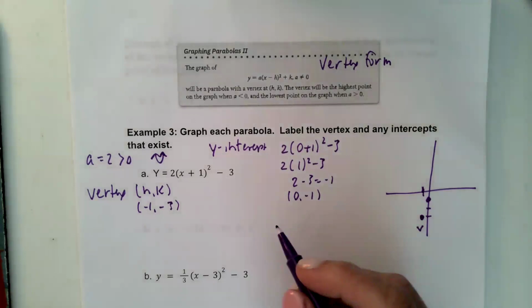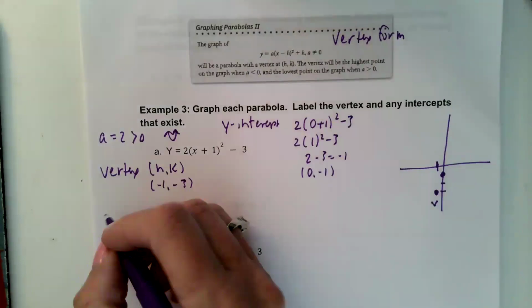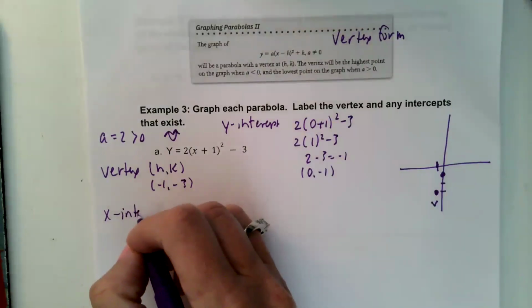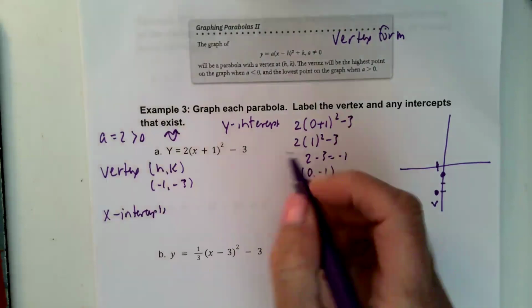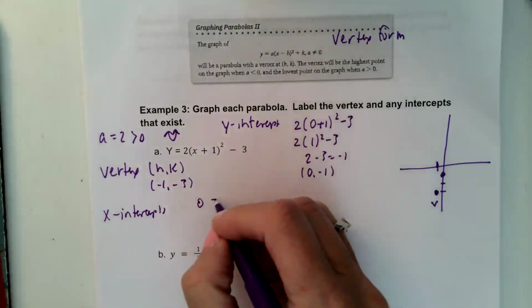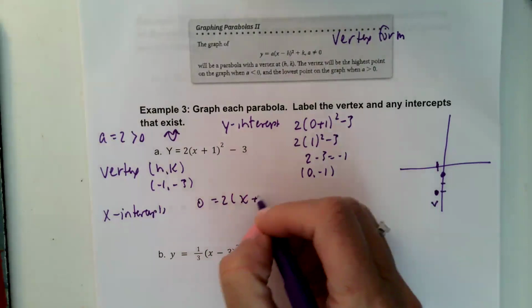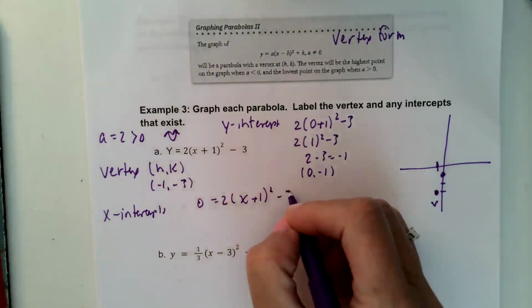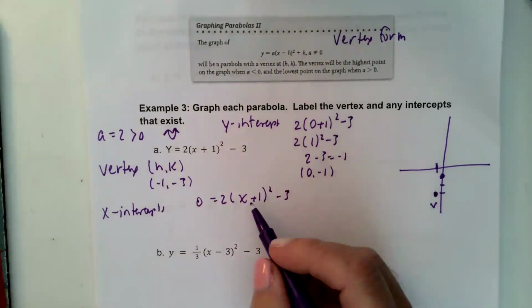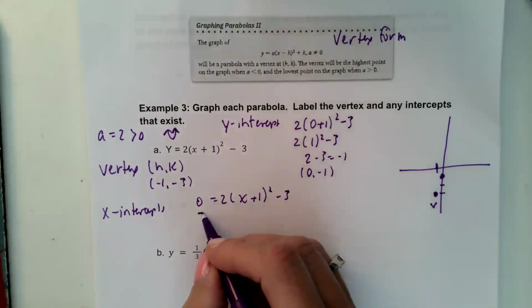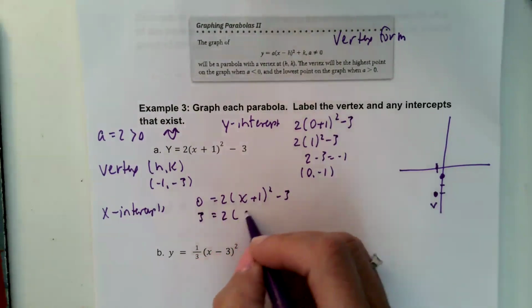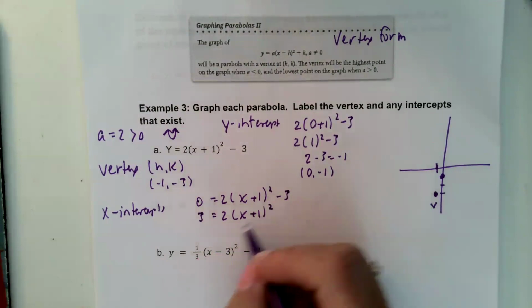Okay. And then my x-intercepts, I have to set my equation equal to 0 and solve for x. So I'm going to add 3 to both sides and divide by 2.